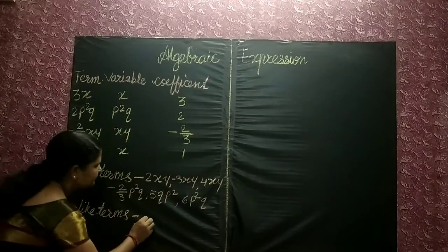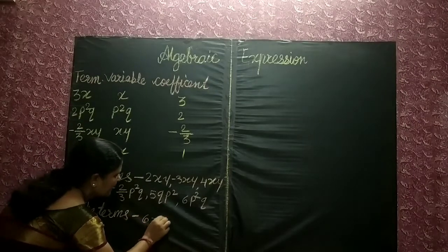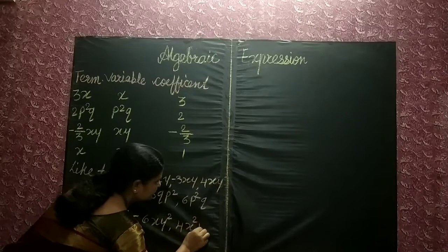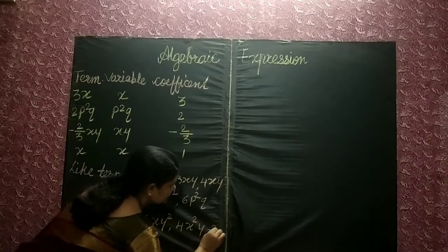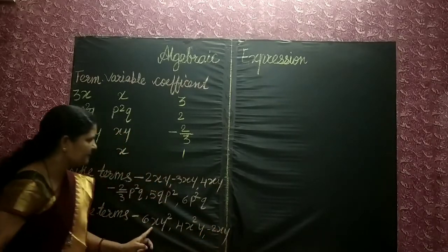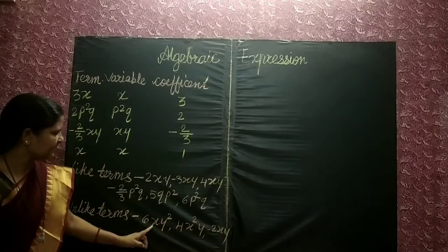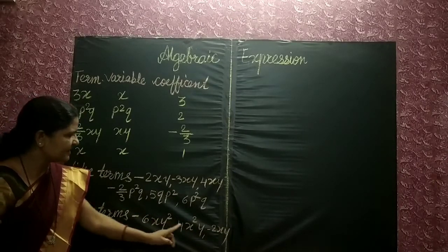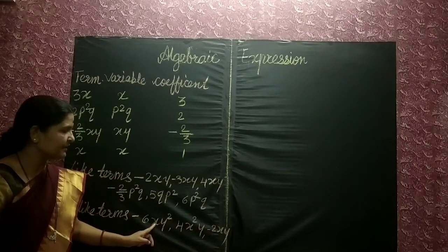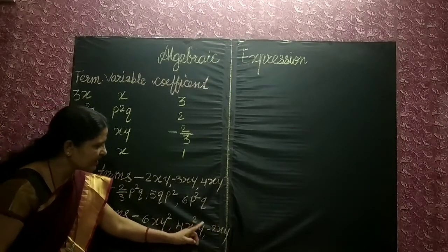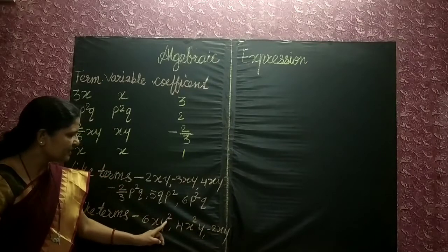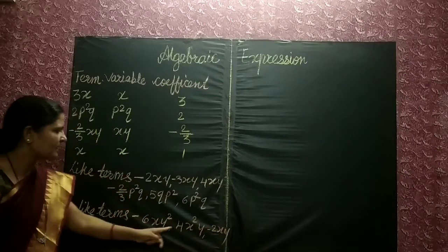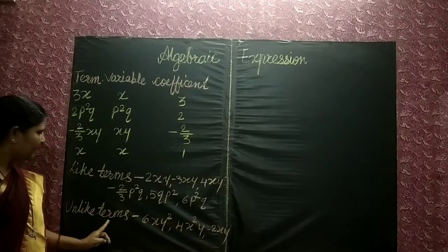For example, here 3 expressions are given. Their variables are x, here also x, but the powers are different: here x square, here x. Y also: here the power is 2, here 1, here 1. So these all are unlike terms.